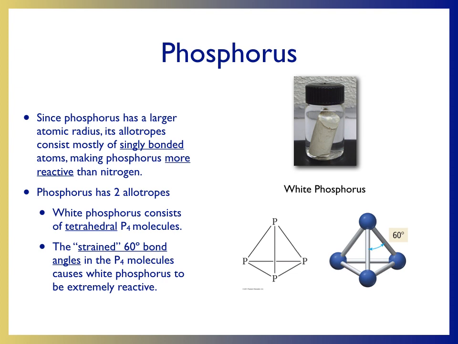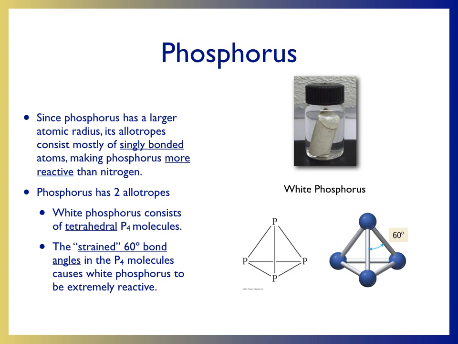It's important to note that the p orbitals that phosphorus uses to bond tend to have angles of 90 degrees. This 60-degree bond angle is therefore smaller than the angle between the p orbitals in phosphorus. This makes phosphorus P4 a very strained molecule.